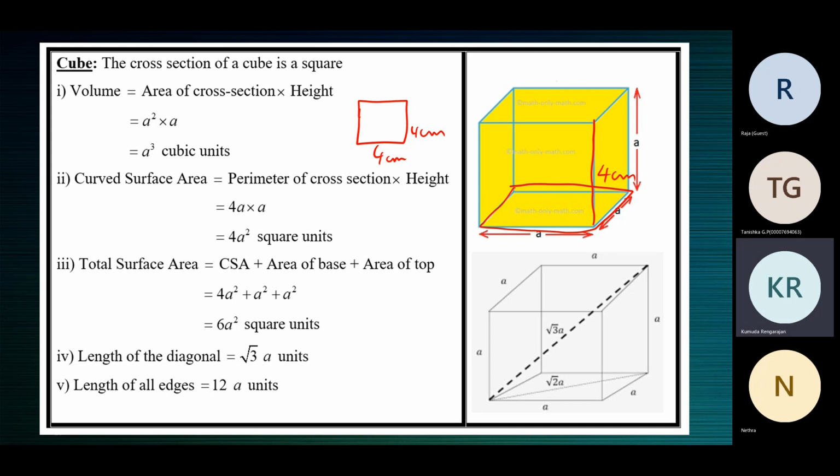The square is a plane figure because it has only length and breadth. It does not have thickness. Now, when a plane figure assumes a thickness, how can that happen?